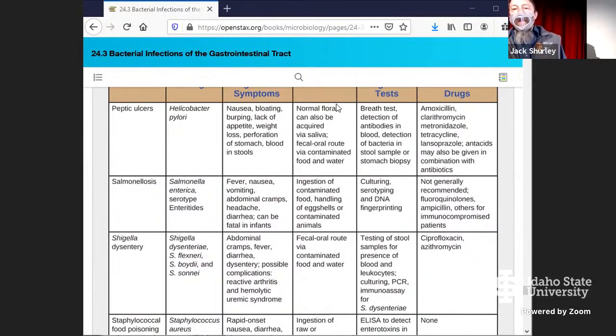So it can be normal flora, oftentimes kind of considered that way, but it also can be picked up through saliva, fecal oral transmission, which always sounds gross, but you just never know, right? There's all sorts of potentials for that. And contaminated food and water, which could set the stage for the fecal oral situation.